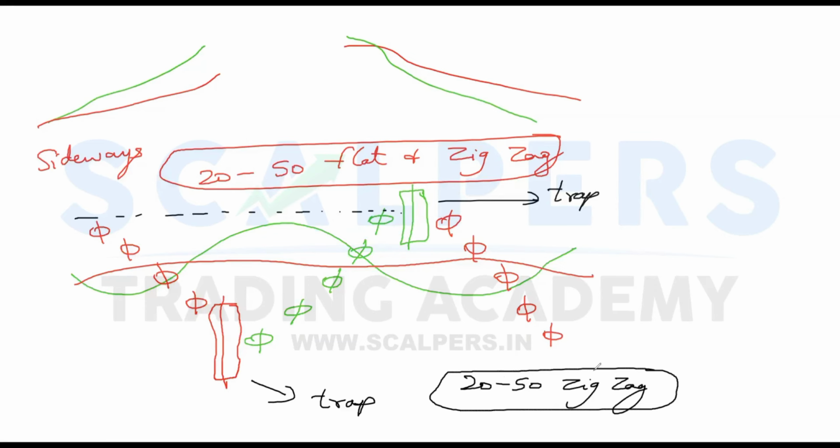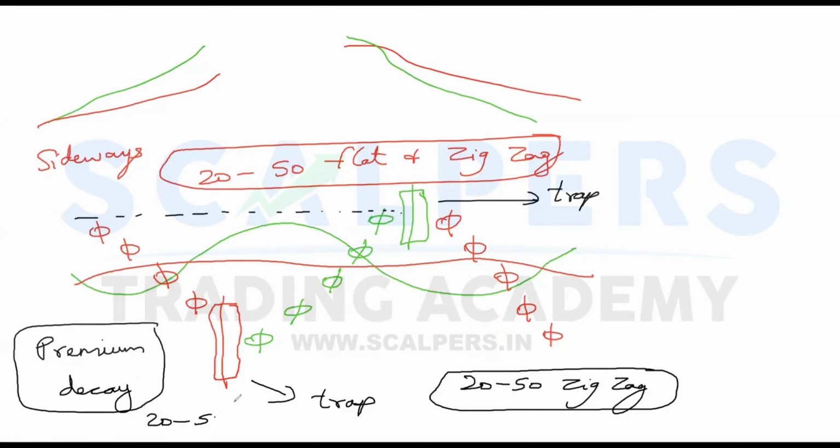If you are an options trader, during expiry day, Tuesday or Wednesday, there will be premium decay. You can easily identify that premium decay using 20 and 50. If 20 and 50 are flat and zigzag, you can tell it is a premium decay day.